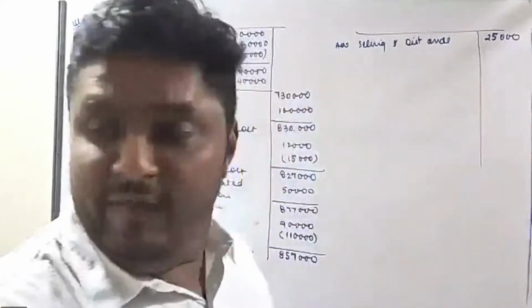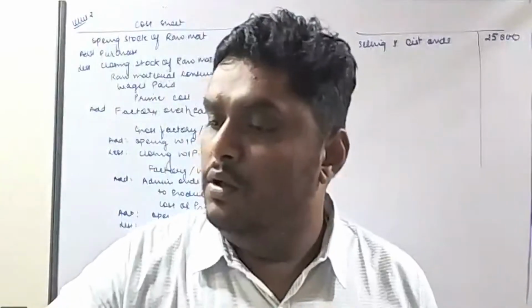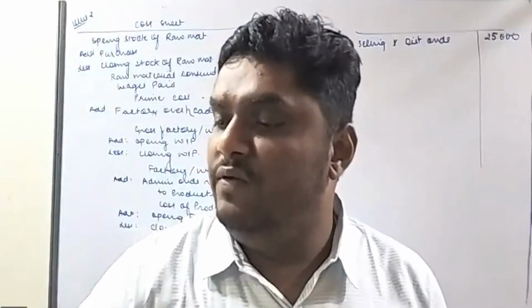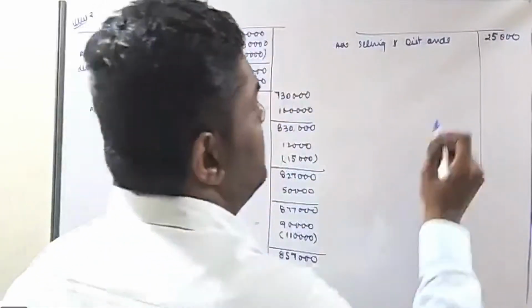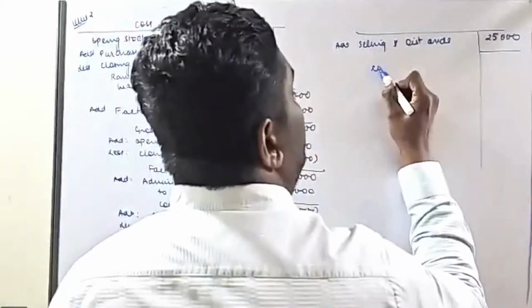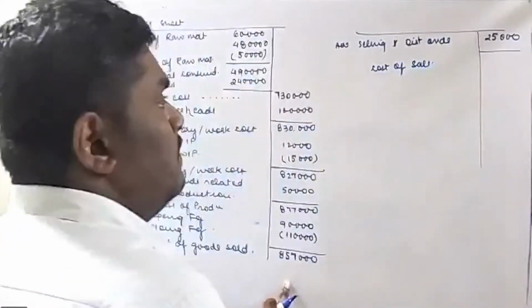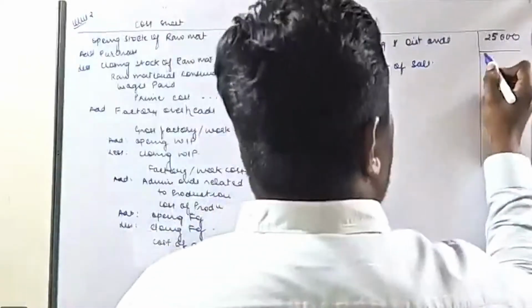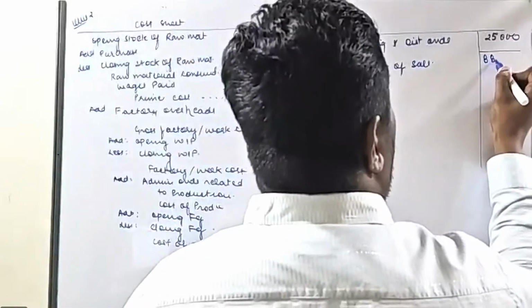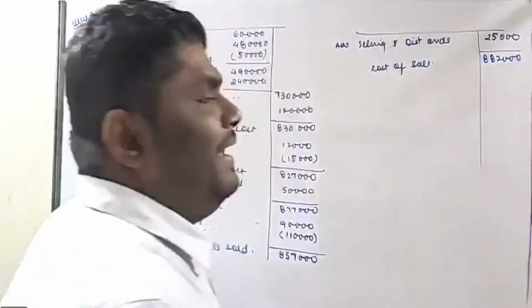That is 25,000. So after adding 25,000, we will get the cost of sales, $8,82,000.